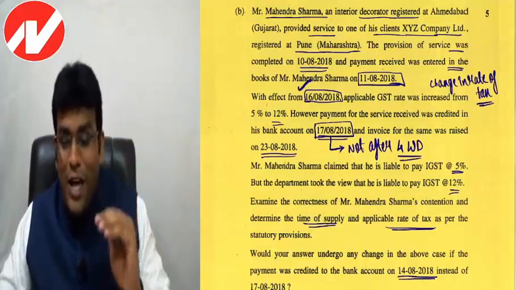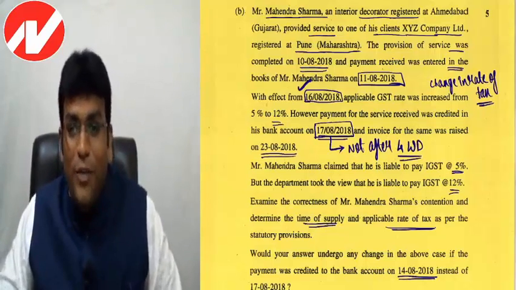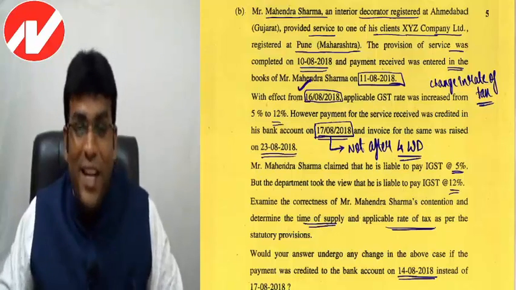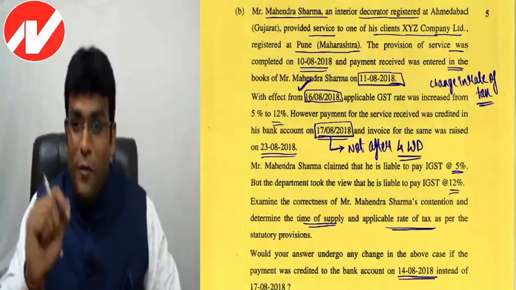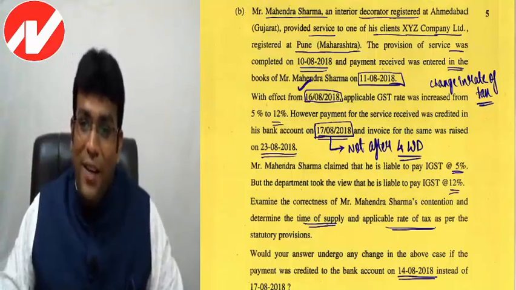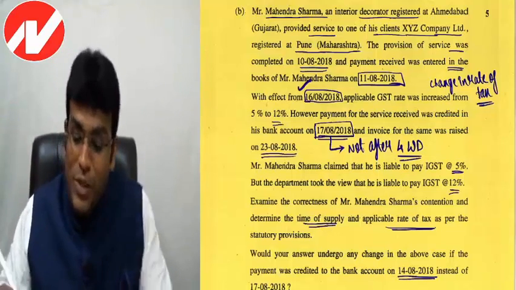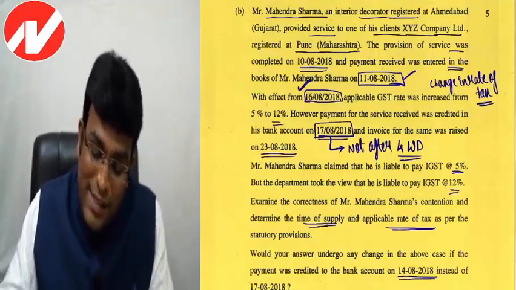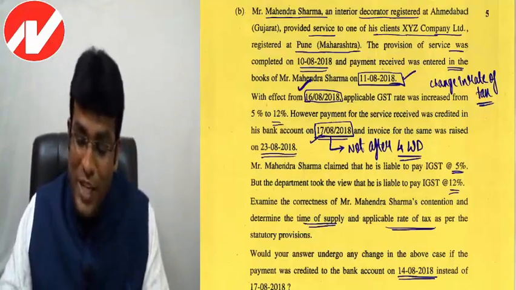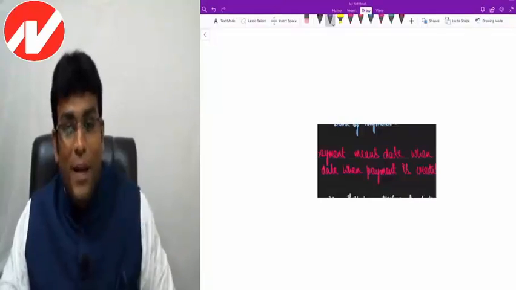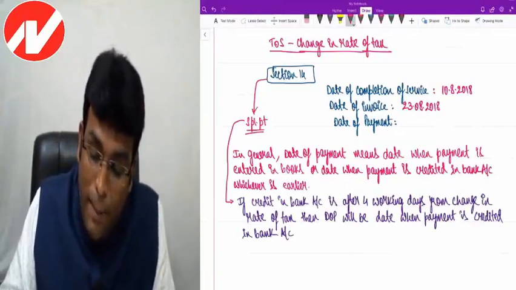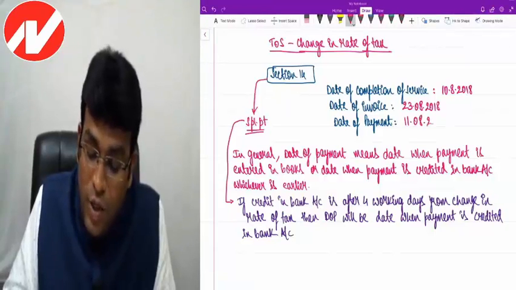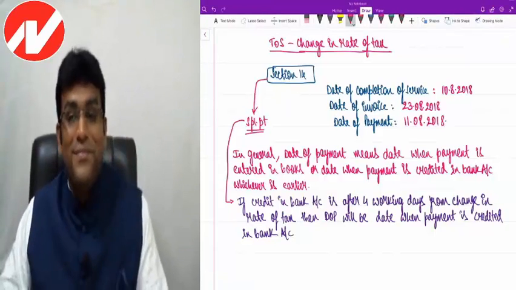When it is not after 4 working days, special point will not apply, and we will take the date of payment as date when payment is entered in the books or date when payment is credited to bank, whichever is earlier. We entered in books on 11th August, credited on 17th August. So straight away my date of payment will become 11th August 2018.